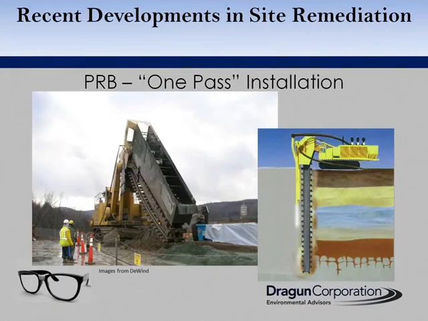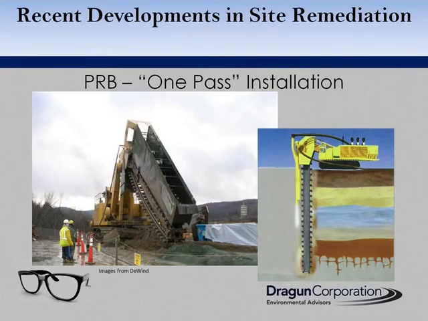This is a picture of a contractor from Michigan that uses a really large trenching machine. You see in the photo on the left they've got this really big trencher. They can go up to 50 feet deep to install these permeable reactive barriers.